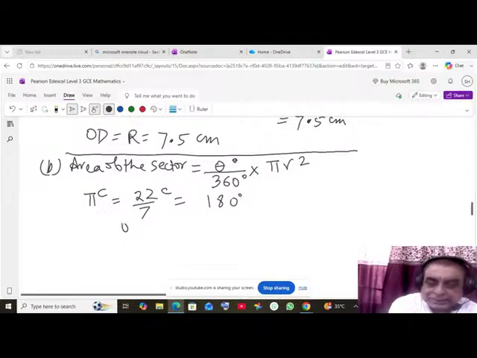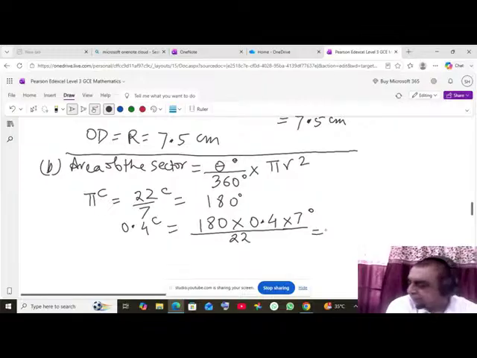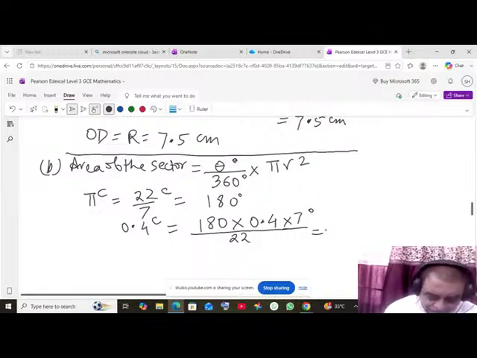So the given angle is 0.4 radian. Change it to degrees using the unitary method. You multiply 180 by 0.4 and then divide by 22 over 7, so 22 will be at the bottom and 7 at the top. I am using the calculator to change this angle to degrees.